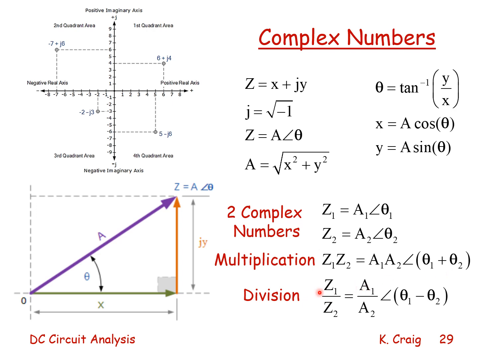If we divide one by the other, we divide the magnitudes and subtract the angles. So multiplication and division are made much simpler by using this polar representation. And since our use of complex expressions will be through multiplication and division, this representation is most useful.